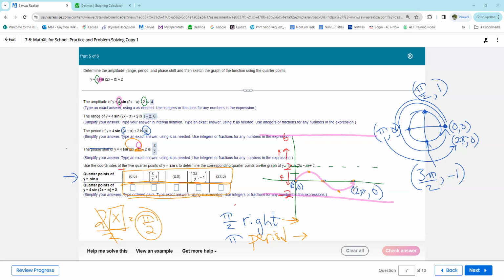So in this case, these are pretty nice numbers to work with here. If I took this 0, 0, I'm going to move it to the right pi over 2, which would get me to pi over 2, 0. And then I'm going to add the pi onto that point, which would give me 2 pi's over 2 added to the pi, will give me 3 pi over 2.